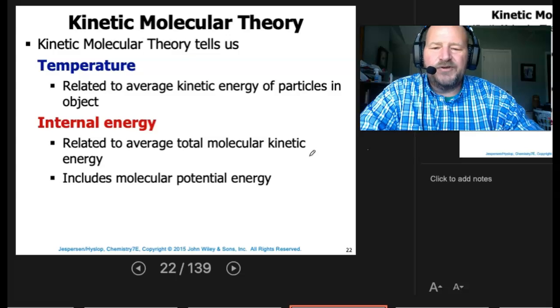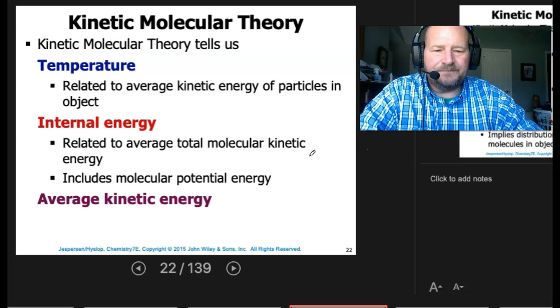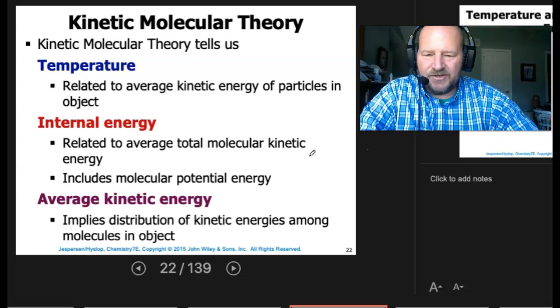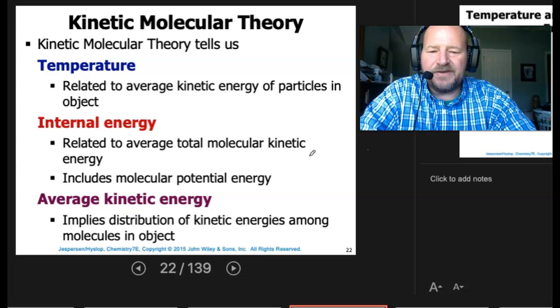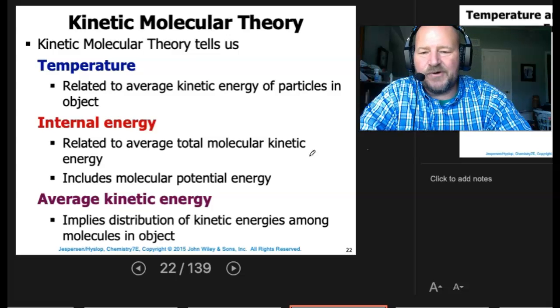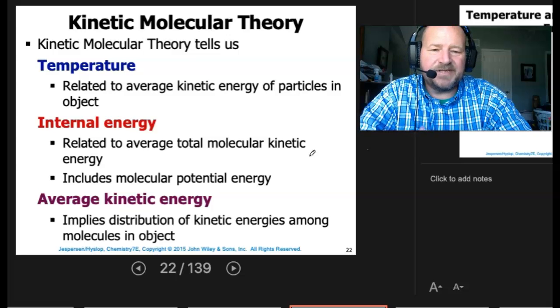Now, this will include your molecular potential energy. So your average kinetic energy implies a distribution of kinetic energy among the molecules in the object. Basically, the temperature is related to the kinetic energy of the particles in the object, and the internal energy is related to the total molecular kinetic energy, which includes the potential energies.